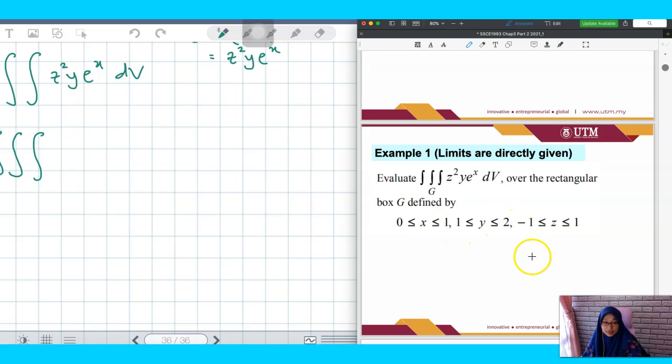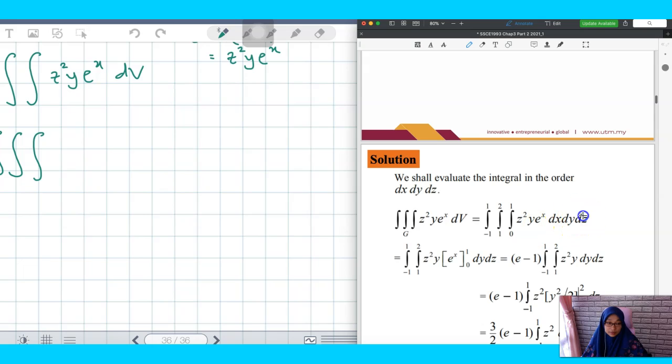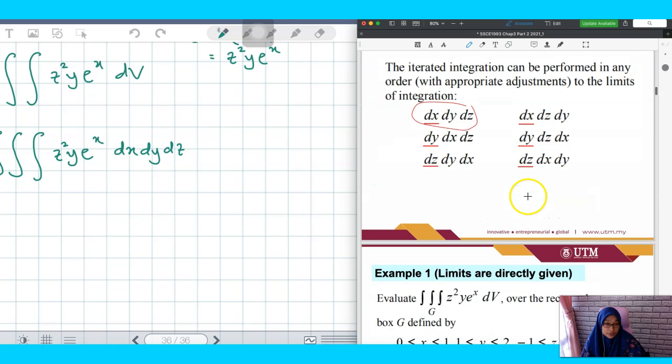So let's say I follow the order provided in the notes, dx, dy, dz, which means you integrate with respect to x first, and then y, and then z. But if you want to choose a different order, let's say you have y at first, then you integrate with respect to y, and then x, and after that z.